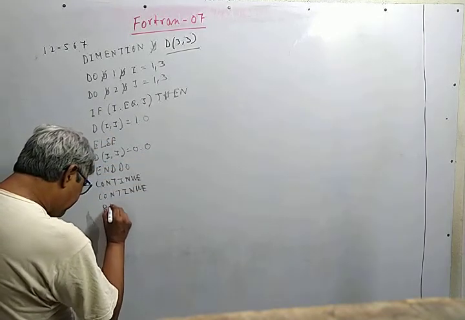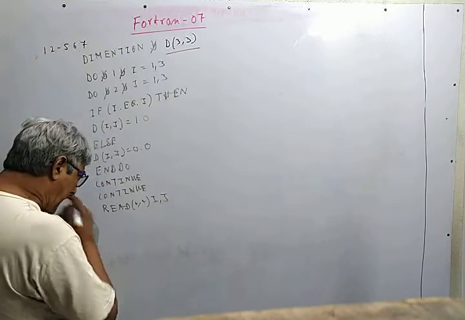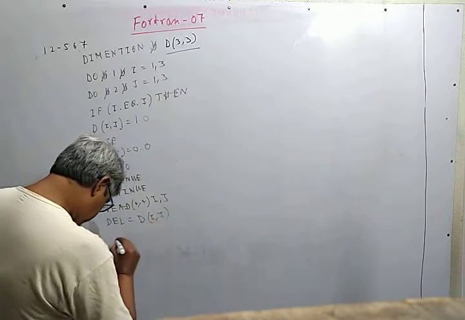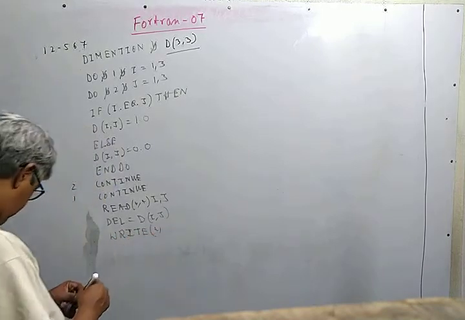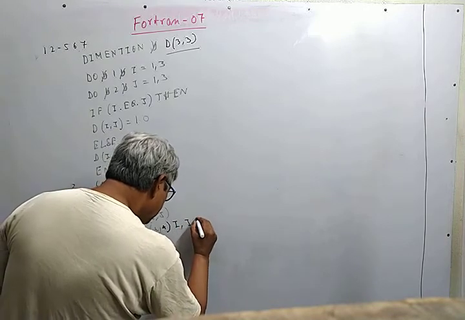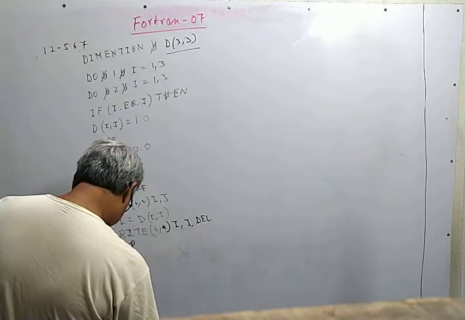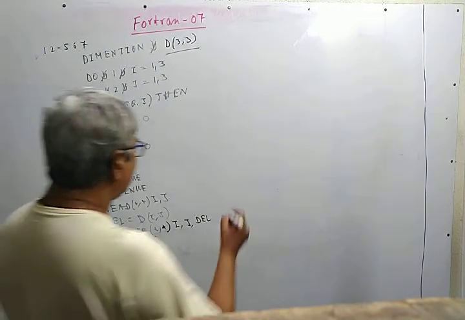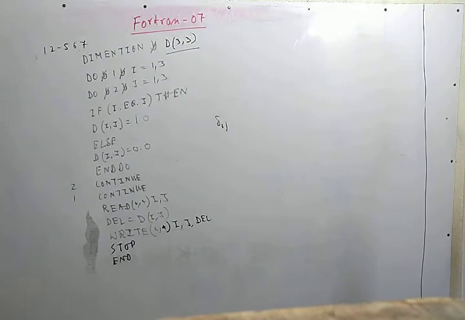Then we write read. In this program, firstly, it calculates all the 9 values of delta ij, of which 3 are 1 when I is equal to j, and 6 are 0.